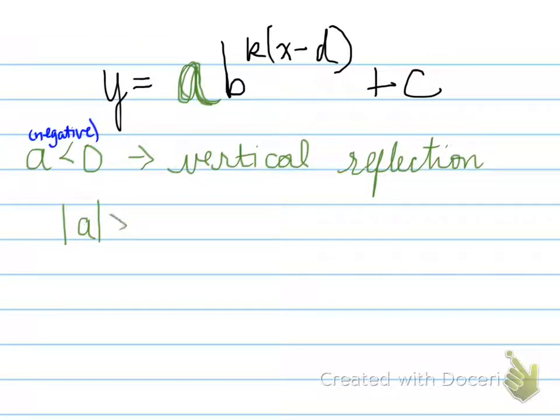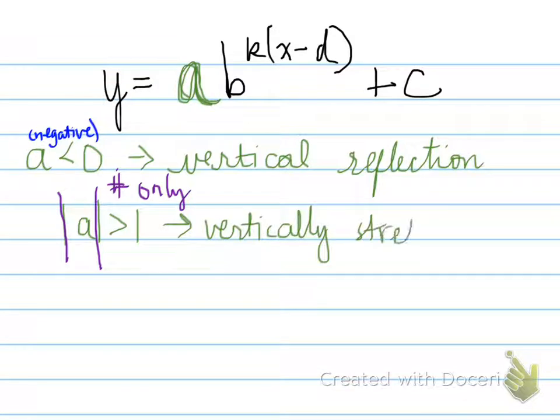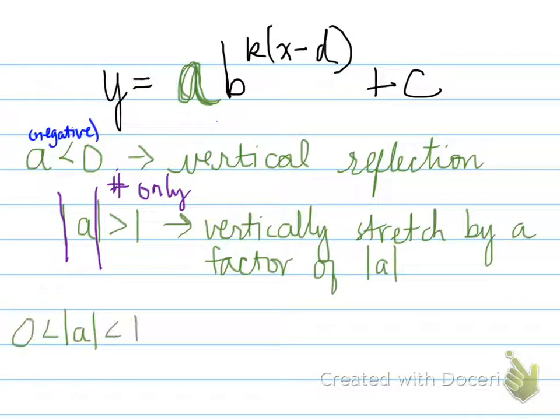If the number for A is greater than 1, it means that the graph actually stretched itself vertically. So number, not the sign, is greater than 1. We vertically stretch by a factor of that number.